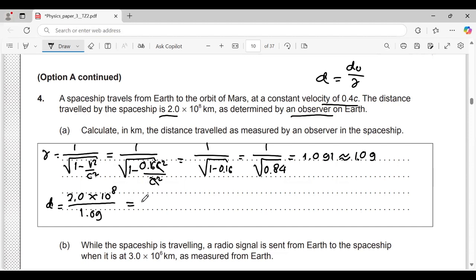And if you calculate, the result is 1.835 times 10 power 8 kilometers, rounded off to 1.8, with these significant figures.